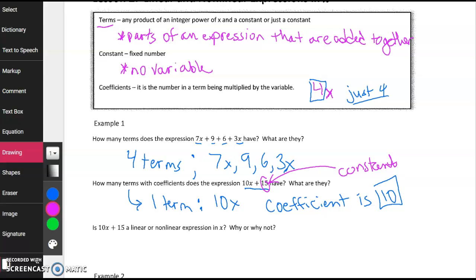Now, the part we want to focus on right now is: is 10x plus 15 a linear or nonlinear expression in x? We're going to say that this is linear, because the variable term is to the first power.